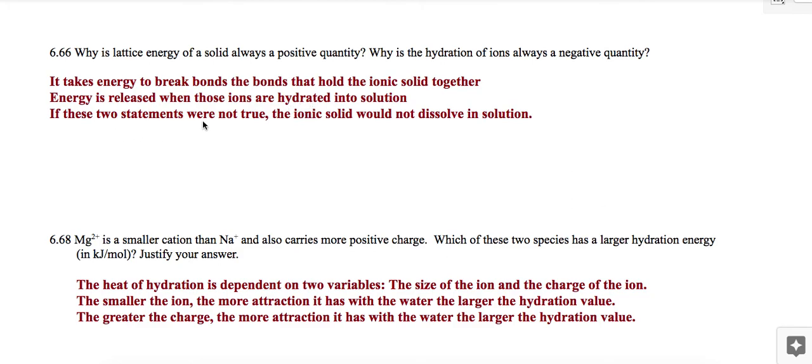And so if those two statements were not true, the solid ionic compound would not dissolve. We have to break bonds, we have to form bonds. If one of those energies is the opposite, it wouldn't happen. And that's why it's always the case. It always takes energy here, and it always gives off energy here. So takes energy positive, gives off energy negative.